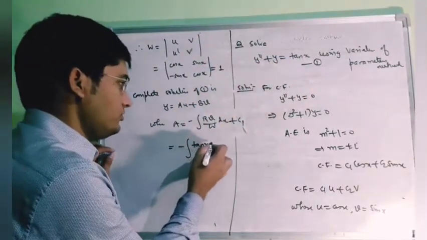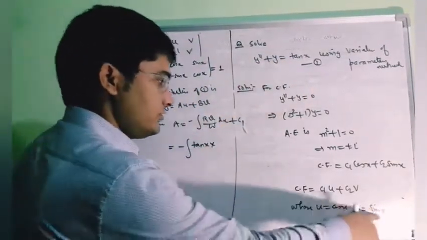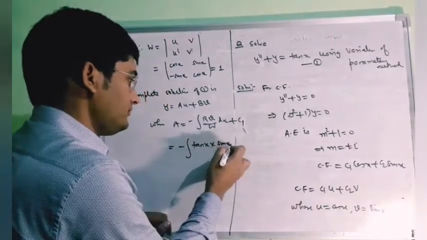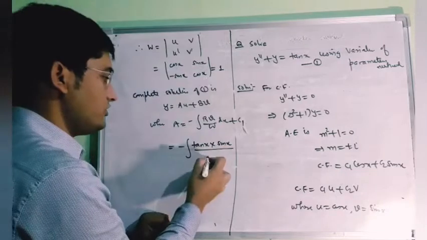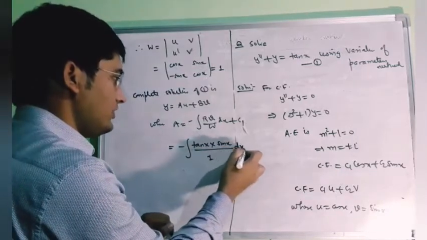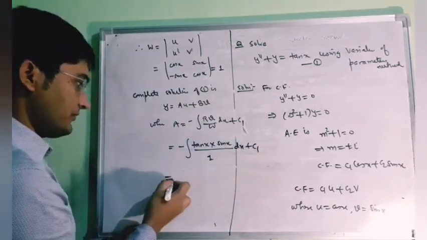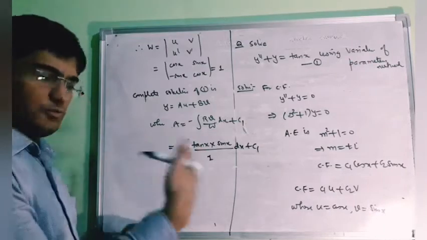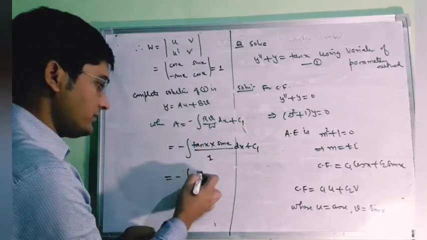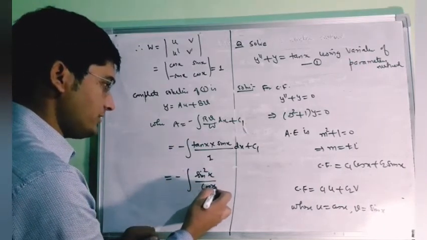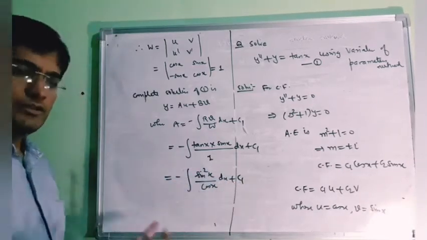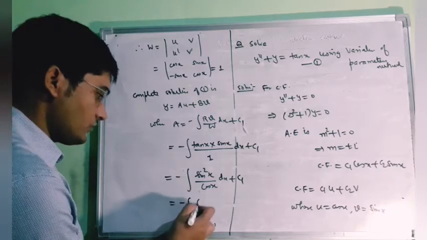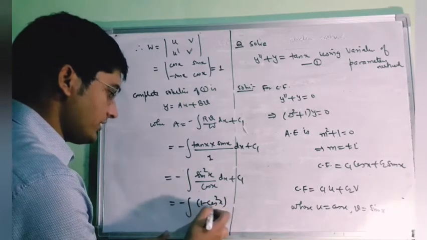So minus 10x into v, which is sin x, divided by w, and w is the Wronskian, which is equal to 1. Then we have the constant of integration as c1. Now this becomes minus 10 times the integral of x sin x, and so on, with integration with respect to x. Now sin square x can be written as 1 minus cos square x.